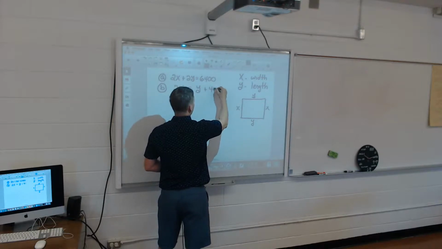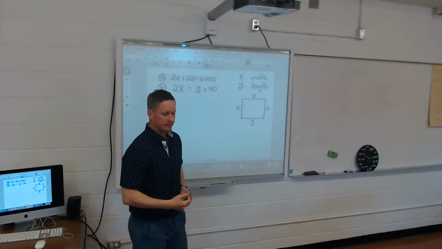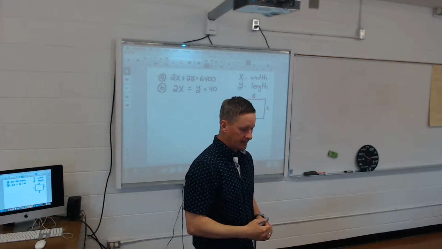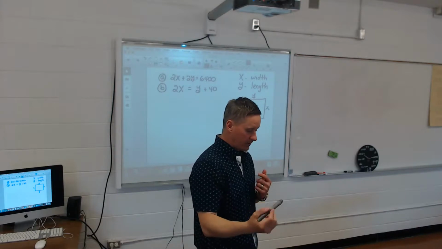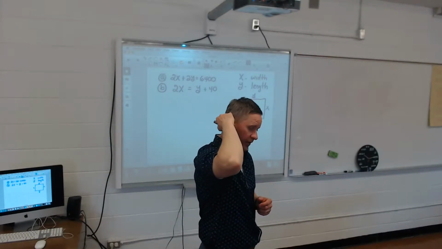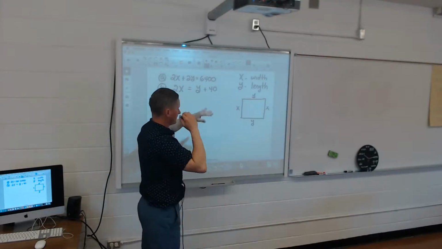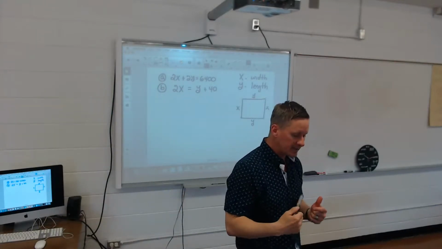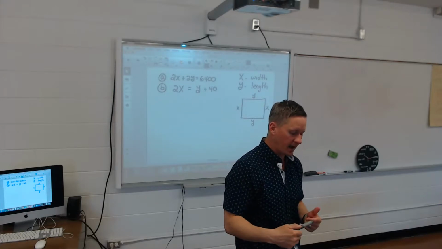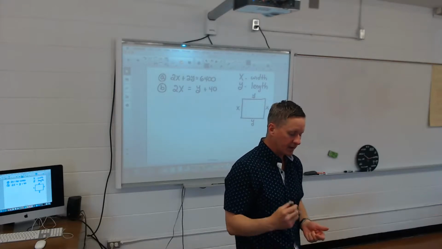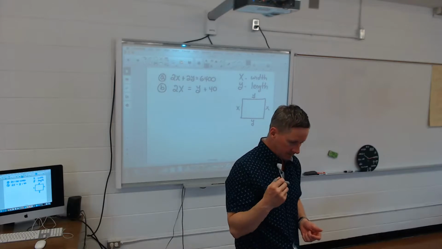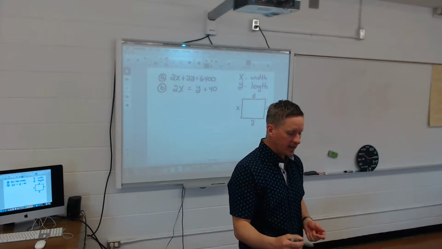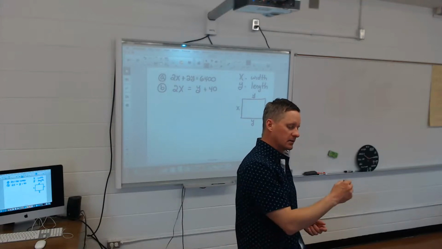I add 40 to it, like that. Okay? So, in other words, for this part, you were correct. I got to add 40 to the length. So I want to do the best I can to follow what the words and the order in which the words are telling me. 2 times the width, 2x, equals 40 more than the length, 40 plus y.